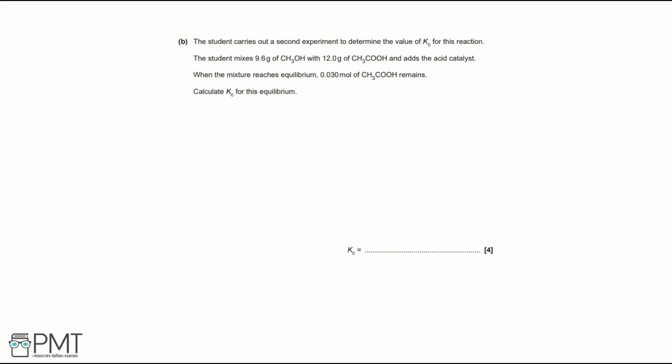Calculate Kc for this equilibrium. The first thing to do with this question is highlight the key piece of information. So that's the mass of methanol and the mass of ethanoic acid, that the equilibrium moles of ethanoic acid is 0.03 moles, and that we want to calculate Kc for this equilibrium.